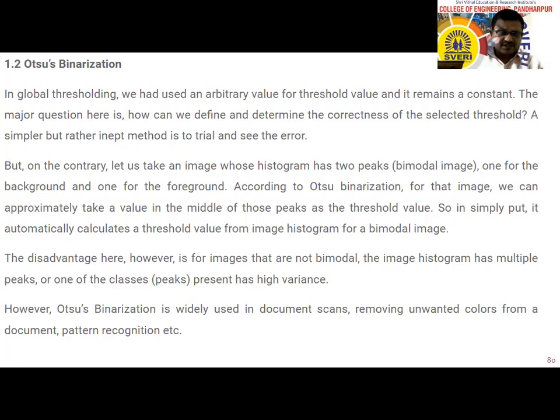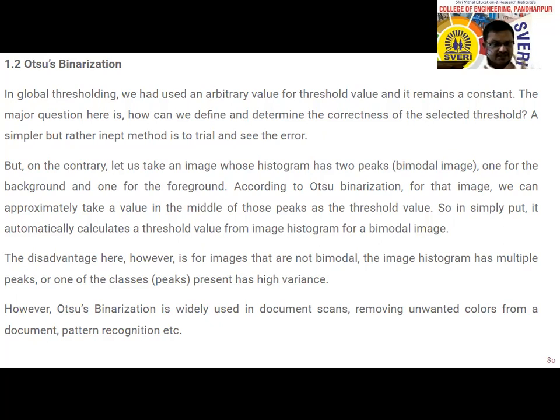According to Otsu's binarization, for that image, we can approximately take a value in the middle of those peaks as the threshold value. So simply put, it automatically calculates a threshold value from the image histogram for a bimodal image.